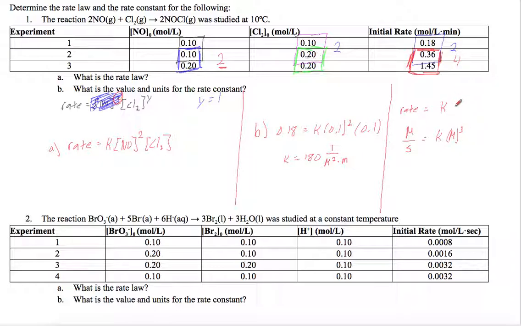I'm opening this parentheses because we have the NO squared, Cl2, molarity squared times molarity is molarity cubed. And if we divide the molarity cubed over, K comes out to be 1 over molar squared times second. And there you go. So that's how you get the units. So there's units. And now we have the value. And we have all the work.